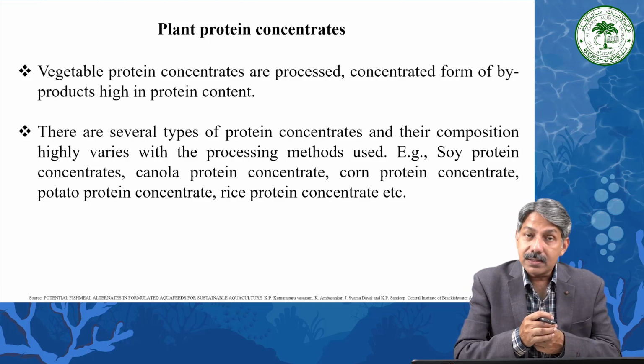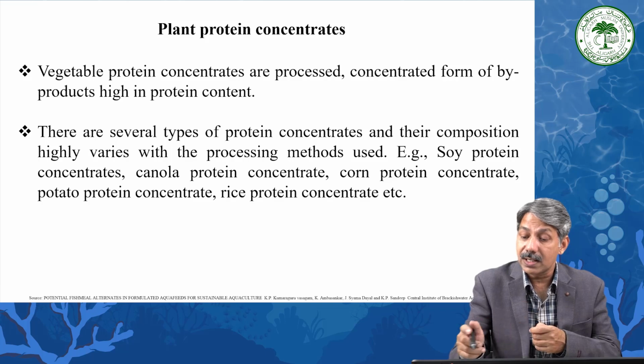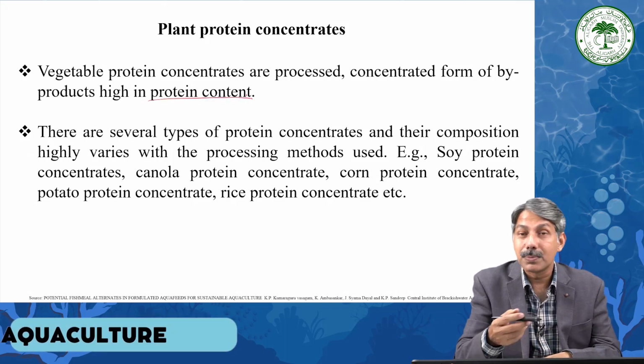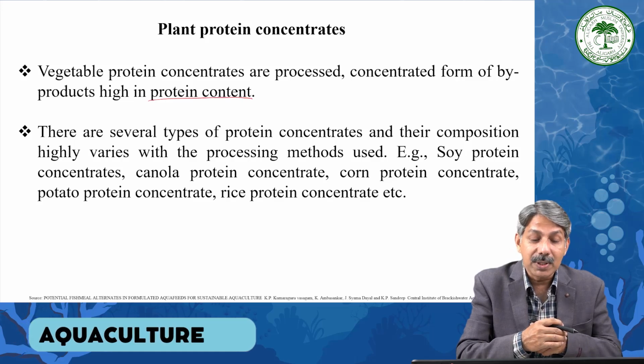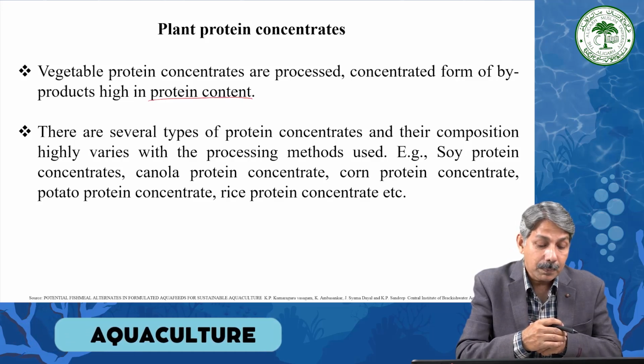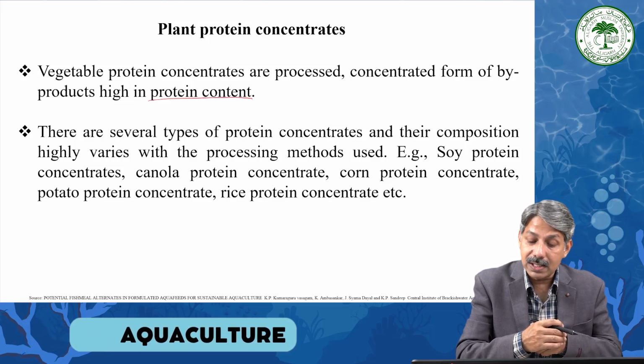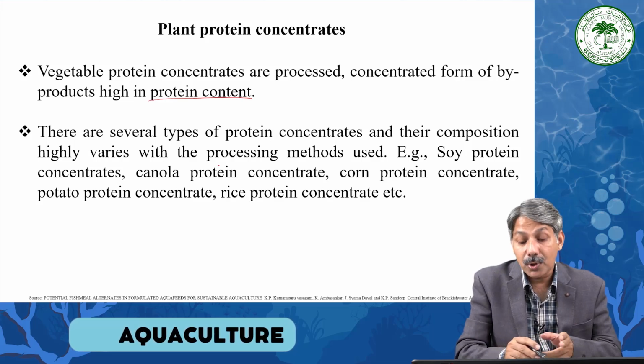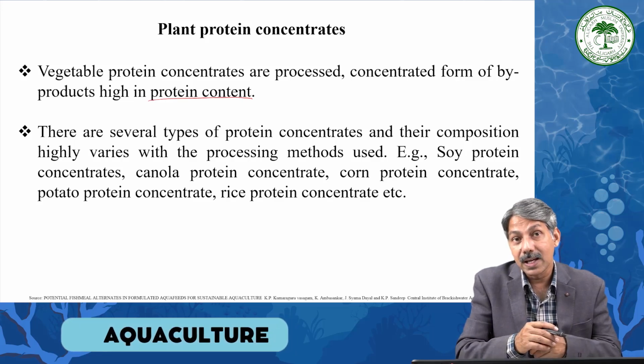Plant protein concentrates can also be used as one of the ingredients. Vegetable protein concentrates are processed, concentrated forms of byproducts high in protein content. When we are preparing protein concentrate, that means the protein content will be high. There are several types of protein concentrates, and their composition varies highly with the method of processing that has been used.